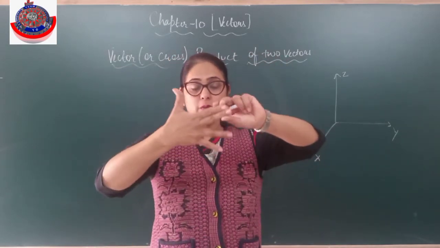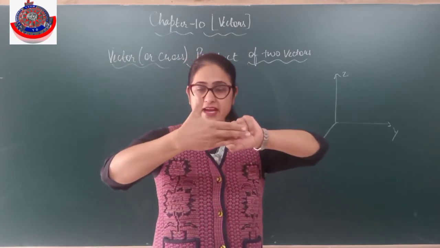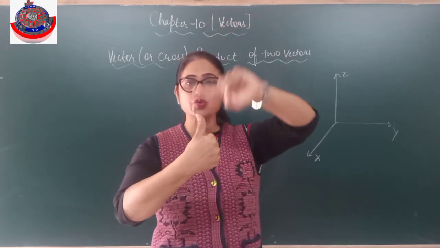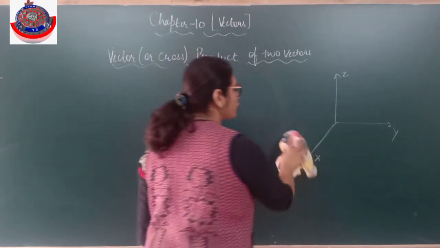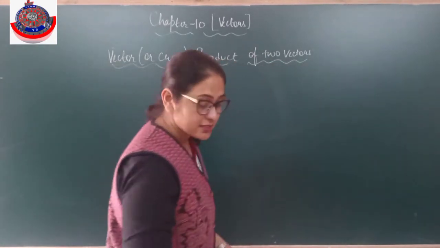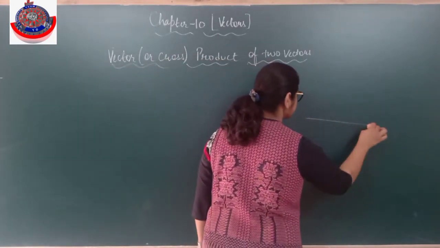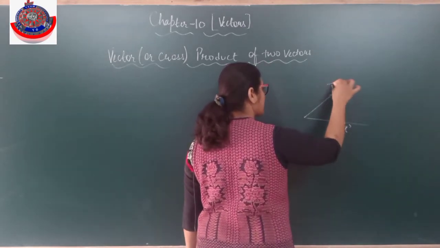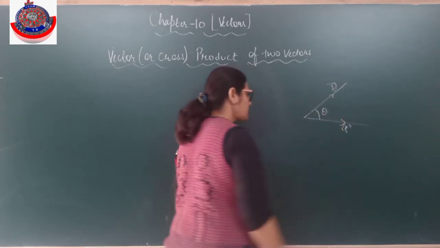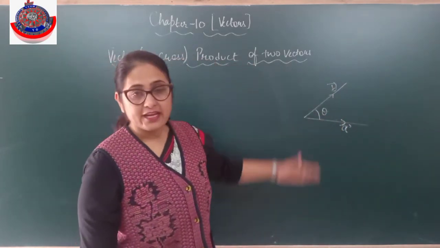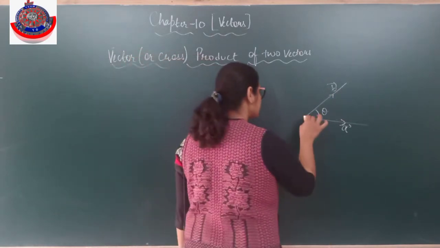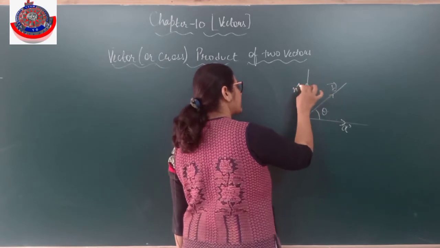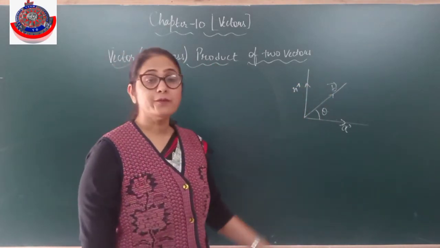I am going to find the vector product of these two, which will point towards the z-axis. Suppose this is my vector A and this is B, and the angle between A and B is theta, and this is the unit vector mutually perpendicular to these.